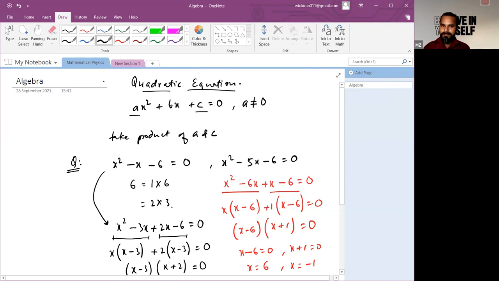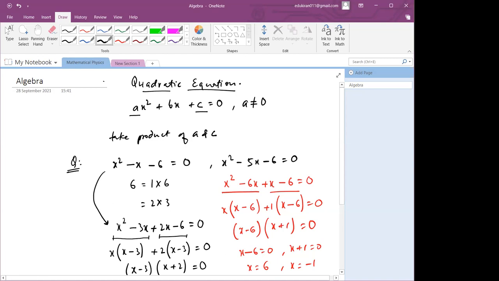Now we have to arrange these two factors which equal this middle term 5. Just see, here we have -6. It means you have to arrange these two factors in opposite signs, which equals -5. So I have taken -6 plus 1 as it gives you -5. That's why I've written -6x plus x.